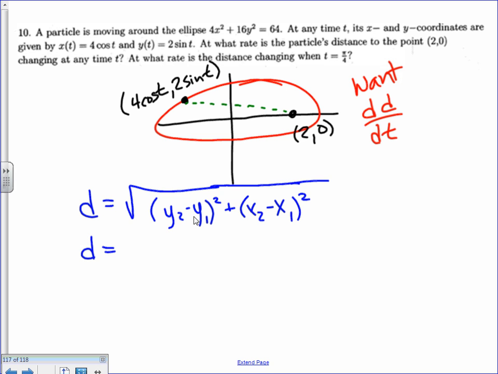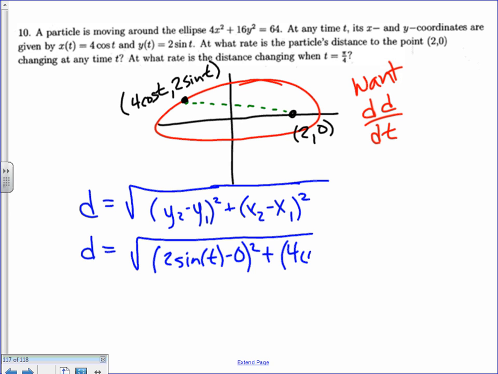So d equals the square root of, I'm going to use my complicated point as my first one, like y2 and x2. So we've got 2 sine t minus 0 squared plus 4 cosine t minus 2 squared, all of that under the square root.